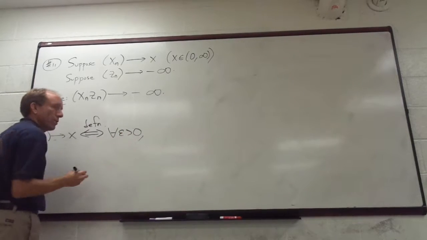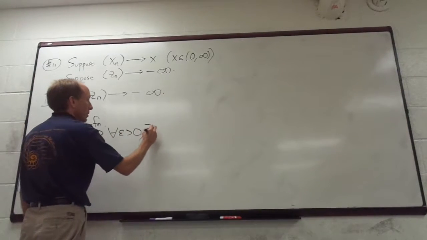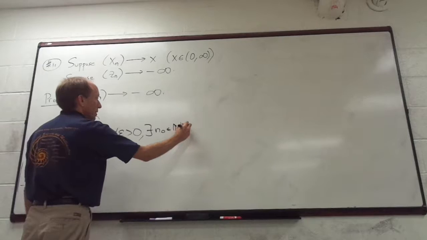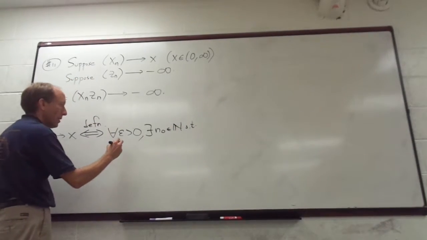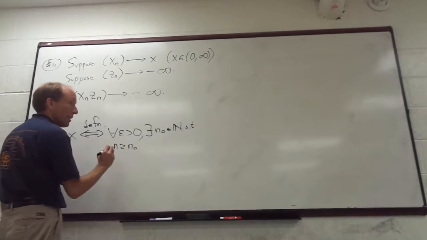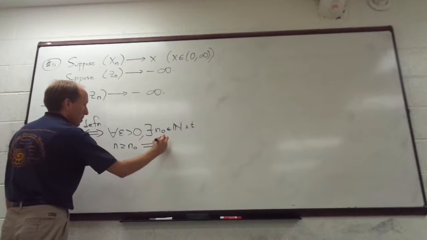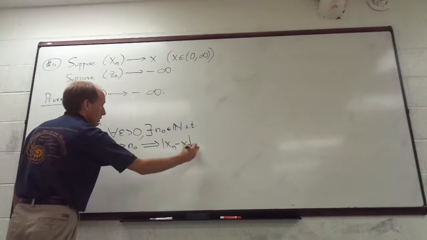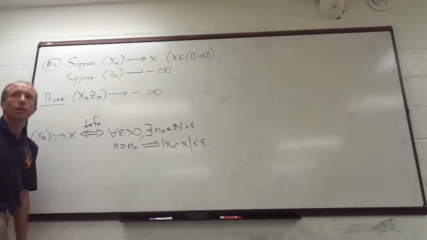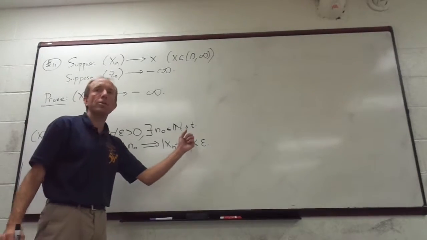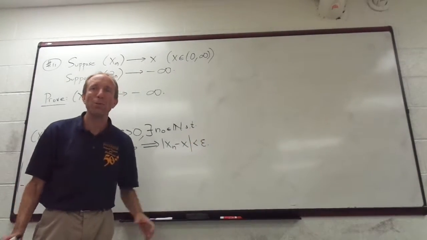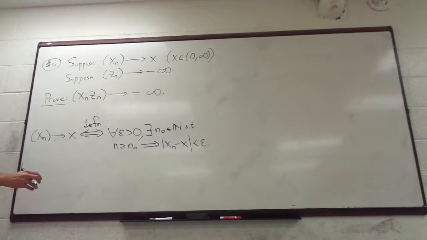For all epsilon greater than 0, there exists n naught such that n is greater than or equal to n naught. Exactly. And then xn minus x is less than epsilon, or whatever we want to put there. We'll have to see when we get a little further along.